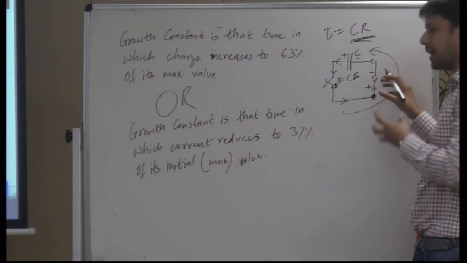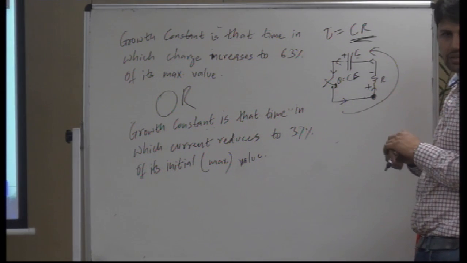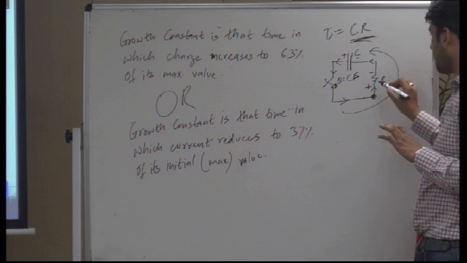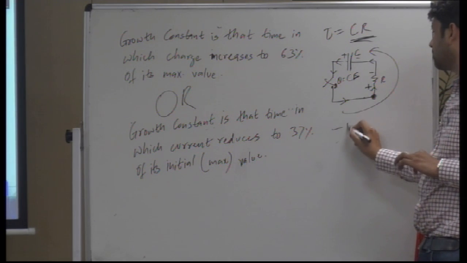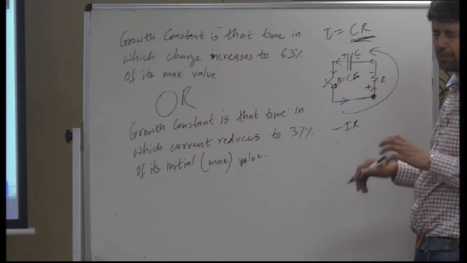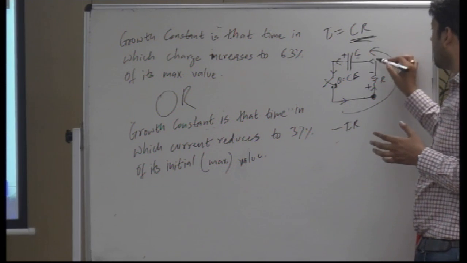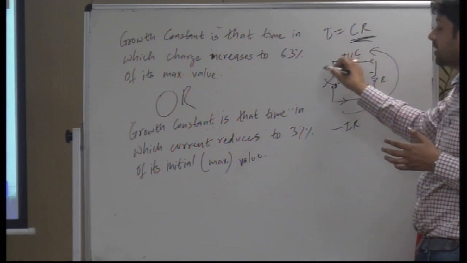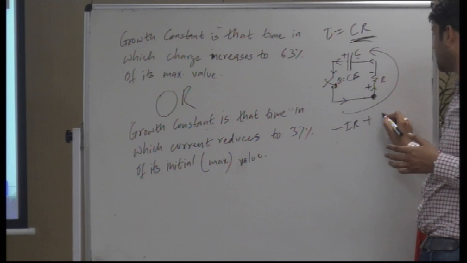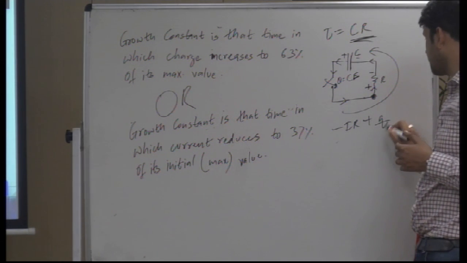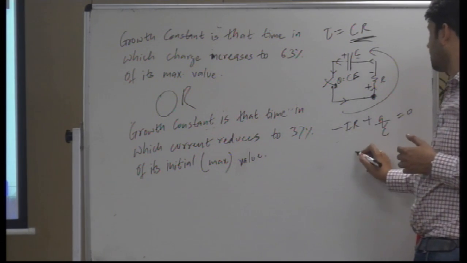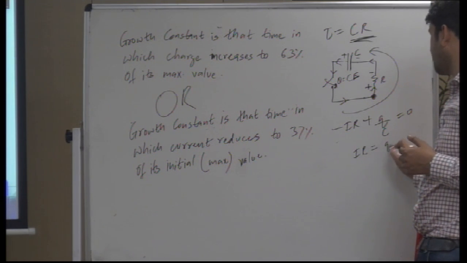The resistance has positive and negative terminals in your direction, so from positive to negative there is a drop in potential. And from here to here there is a rise in potential, so plus Q by C equals 0. I can write IR as Q by C.